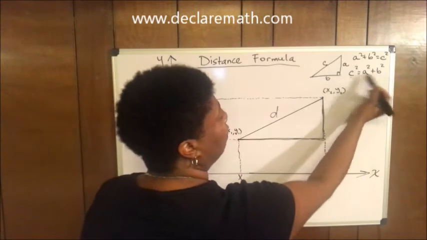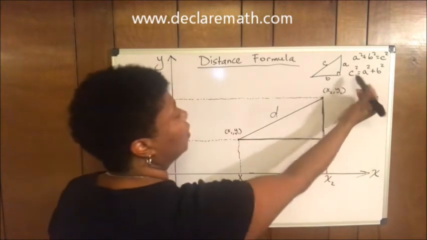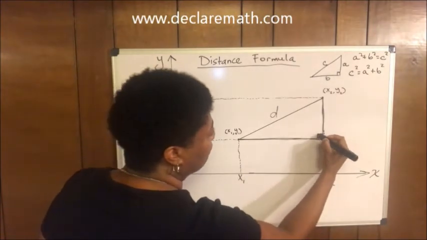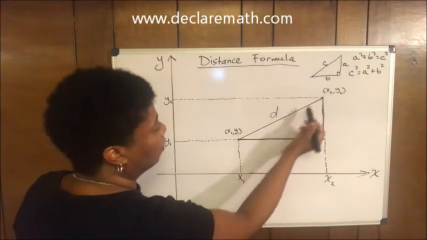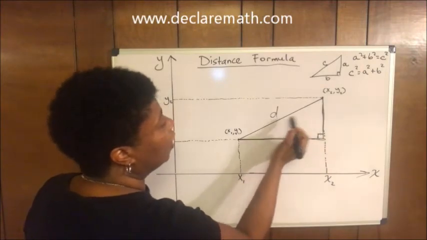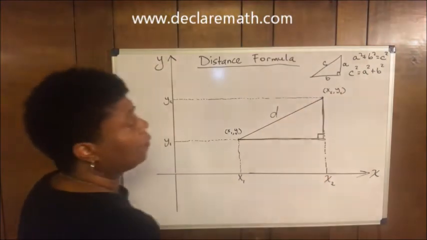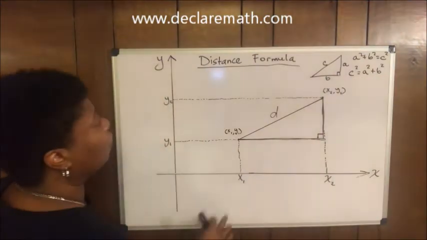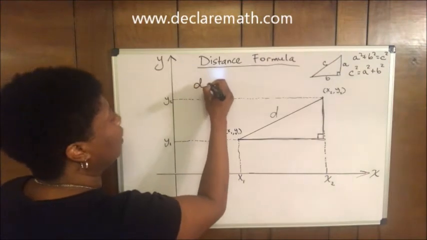And we're going to rearrange the equation to look like this because in our case, the distance here is opposite of this 90-degree angle right here. And so in our case, that's going to be what we call c. So plugging into this formula, that would be d.